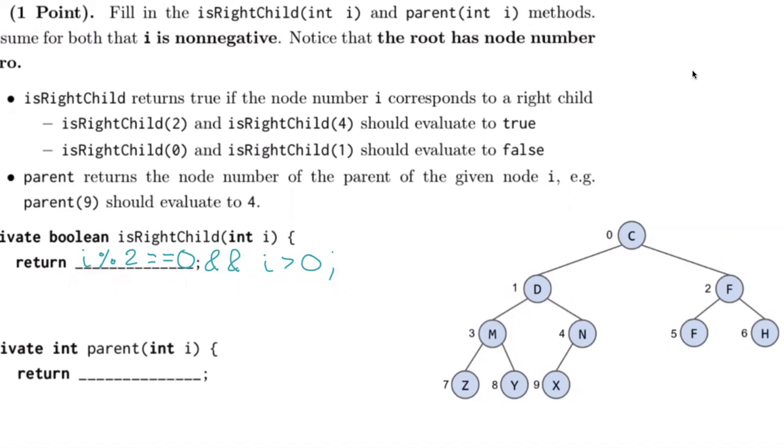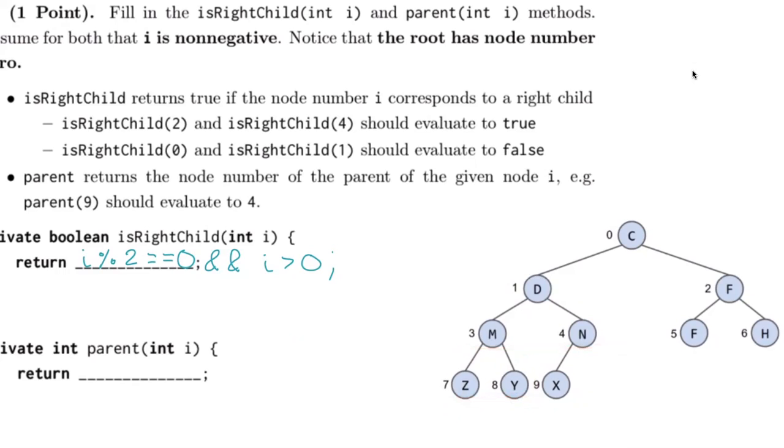Parent is a little less intuitive than is right child because we have to see what numbers the children are at and what their corresponding parent is. So if we look at all of our siblings, they are all one node number apart. So for example, Z and Y are siblings and their numbers are 7 and 8. M and N are siblings and their numbers are 3 and 4.